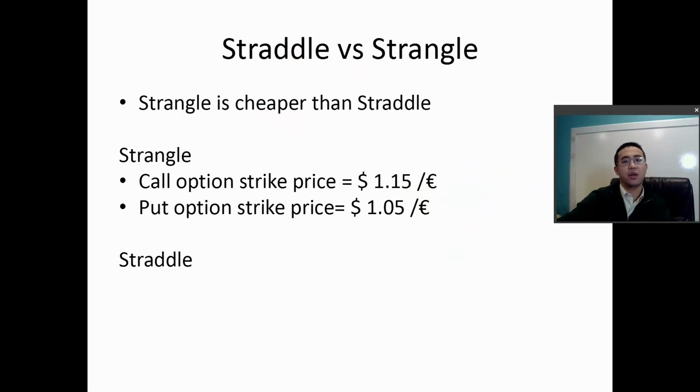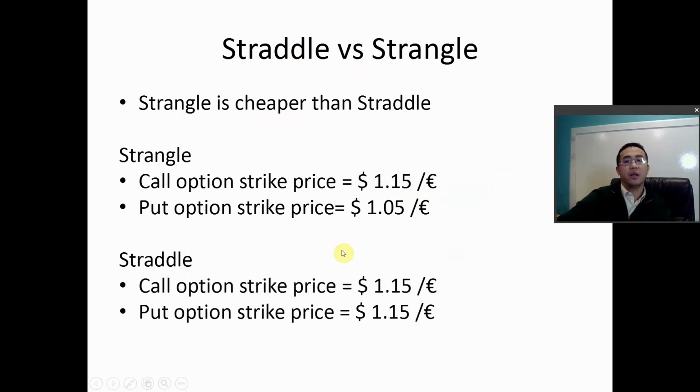If you compare a strangle and a straddle, the only difference here is the strike price for the put option. The strangle put has a strike of 1.05 and the straddle put is 1.15. So which put option is better?